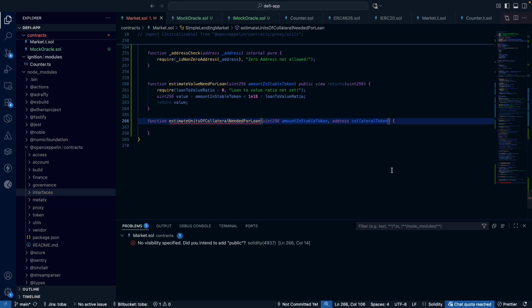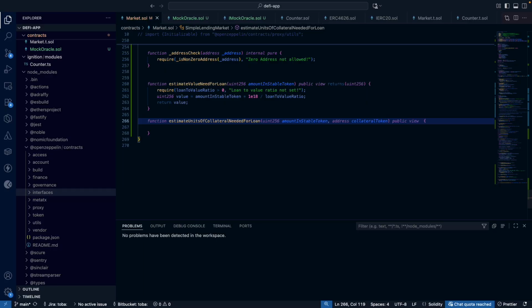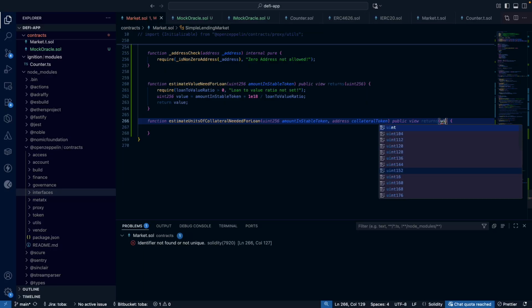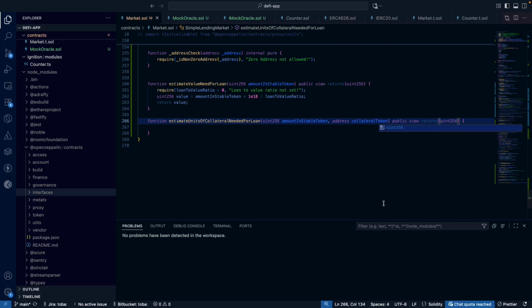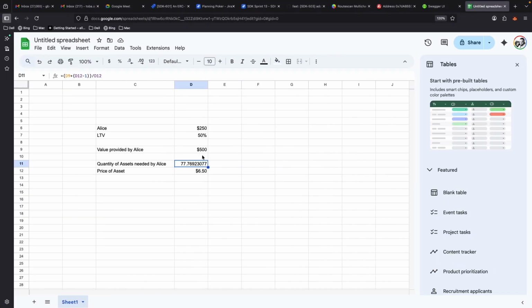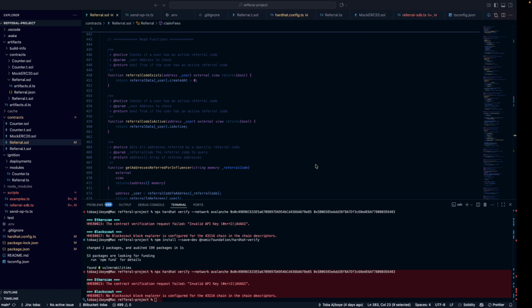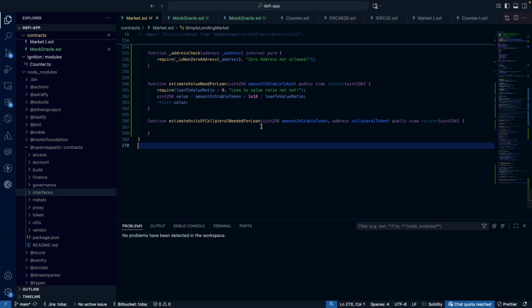Obviously this is public view returns uint256. Good. So what we're doing now is we want to do this calculation. Let's get that sorted.